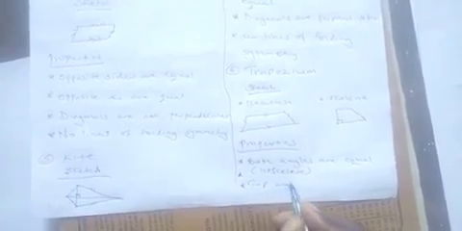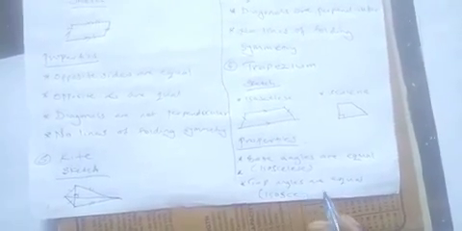Base angles, this is for, in brackets, isosceles. So the second property is also for isosceles. Top angles are equal, in brackets, isosceles.